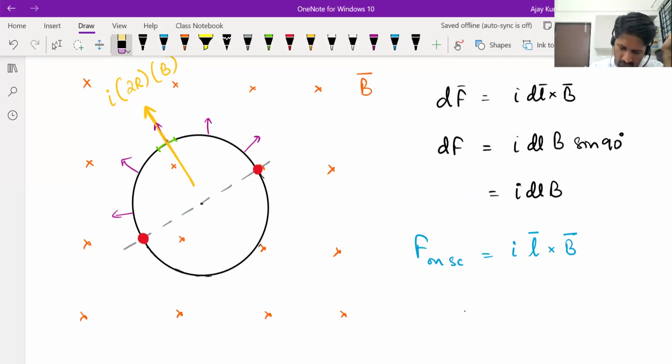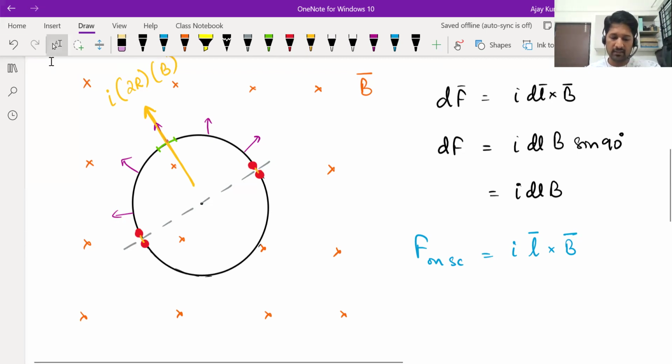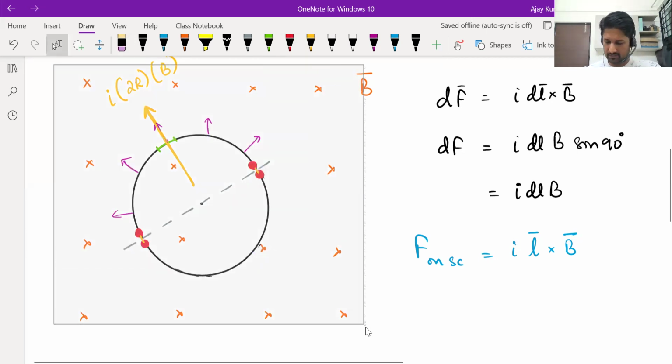Let me show molecule by molecule. You can take one molecule of the upper semicircle and one molecule of the lower semicircle, and on that side also, one molecule of the upper semicircle and one on the lower side. They will be holding each other. So if you consider only one of those semicircles, there will be a tension acting on it at 2 points.